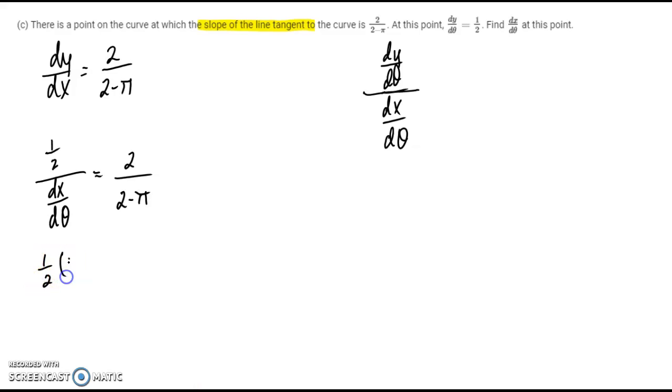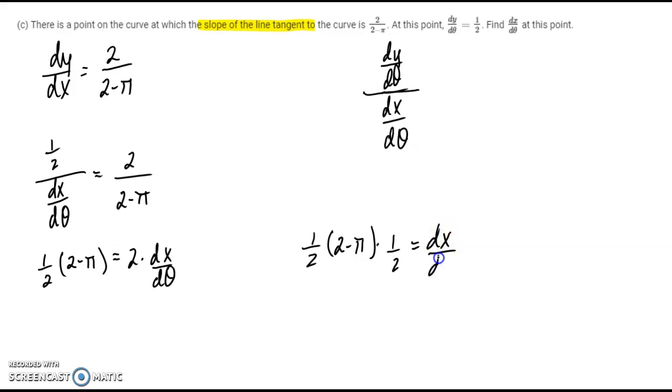So I'm going to cross multiply. Divide both sides by 2. And now just putting that together.